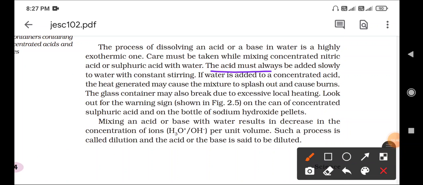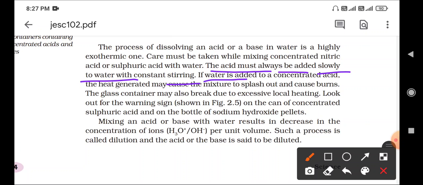The acid must always be added slowly to water with constant stirring.